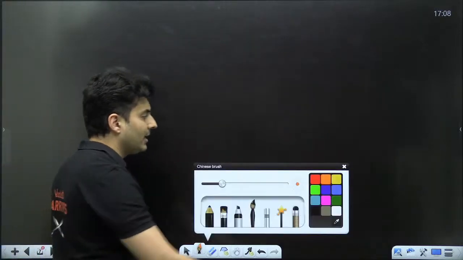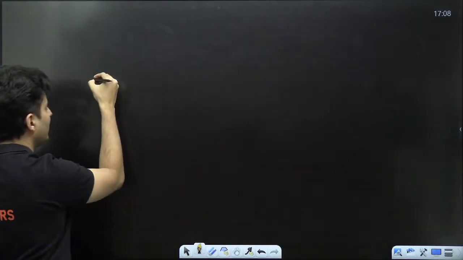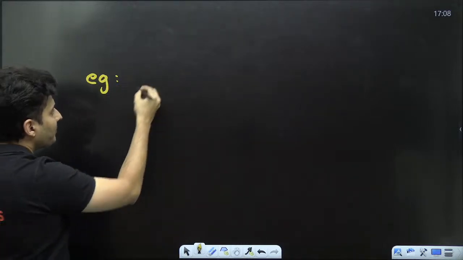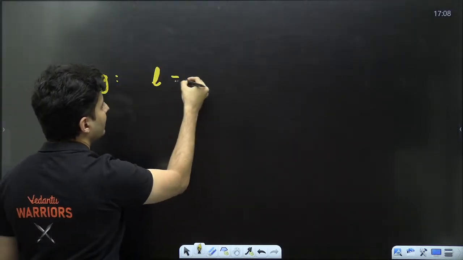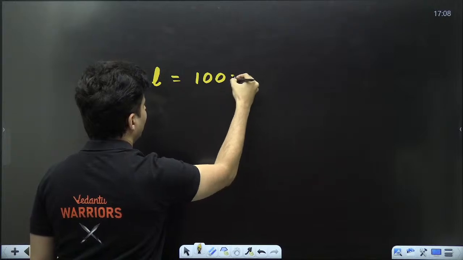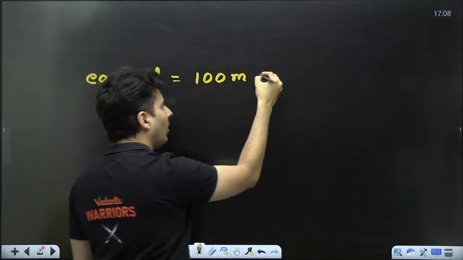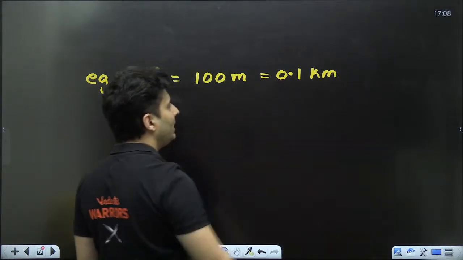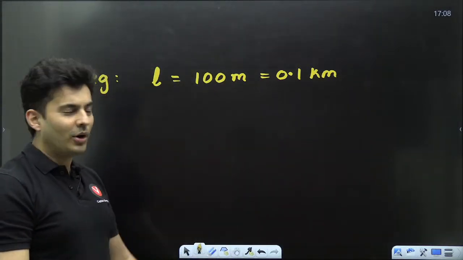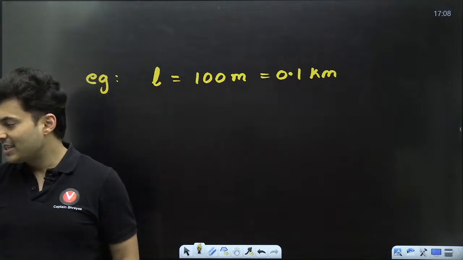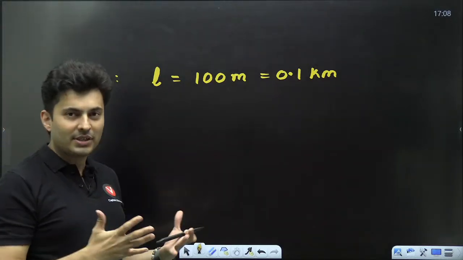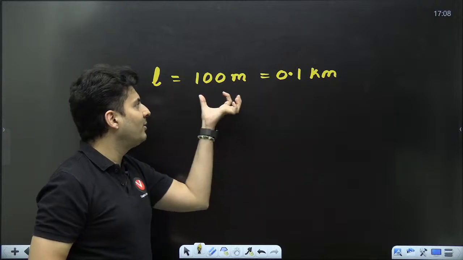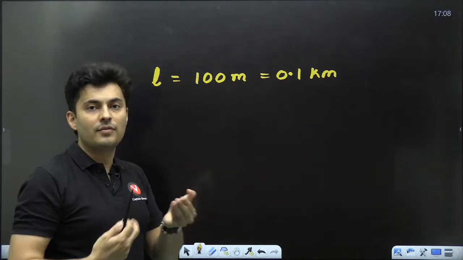There are chances that you can measure a physical quantity in many units. For example, the length of something is, let's say, 100 meters. I can also write it as 0.1 kilometer. 100 meters is 0.1 kilometers. So like you can see, my dear students, the same physical quantity can have different magnitudes, but in different units.